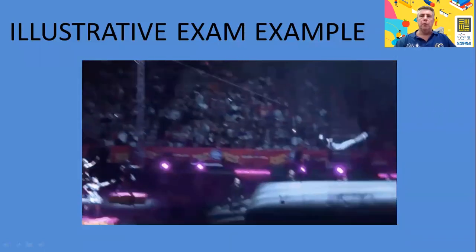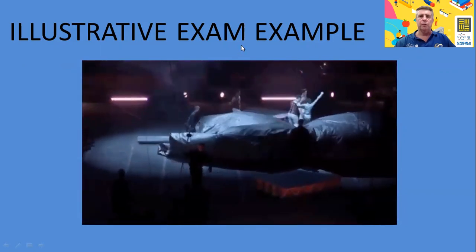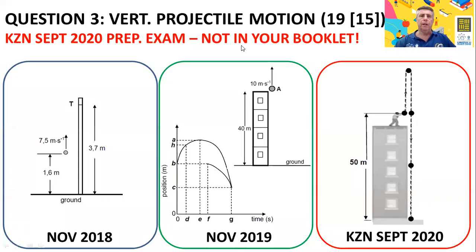Right, so let's bring all this theory down to earth by looking at an illustrative exam example. This is question 3 from the KwaZulu-Natal September 2020 preparatory exam. It's not in your booklet, so just pay attention on the screen. You can see by comparison with November 2018 and November 2019, there was a very similar theme.